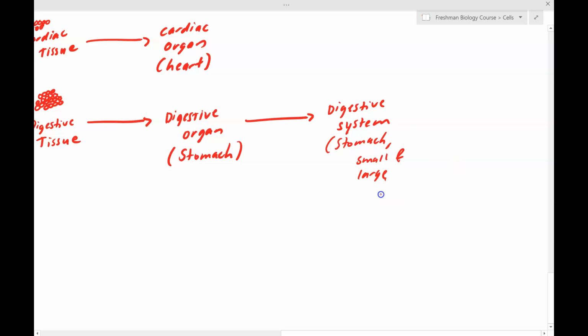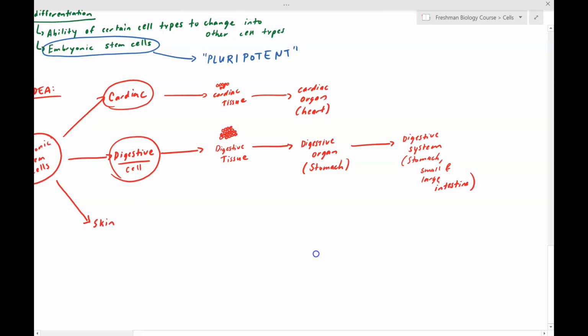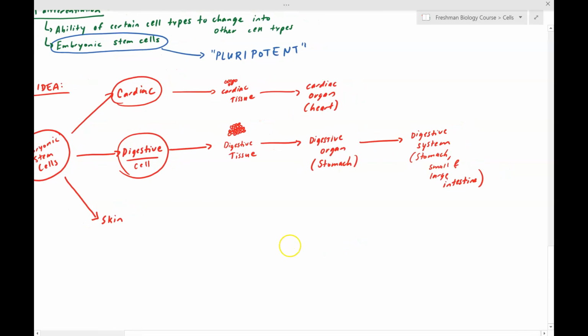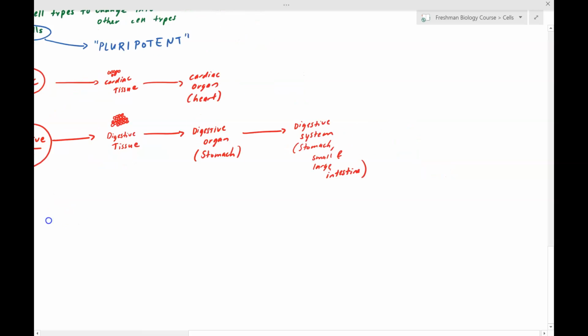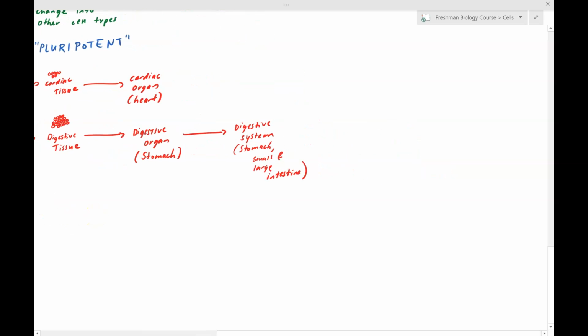So it should make sense when we talk about emergent properties here, how we can go, we're emerging from the digestive cell. We get digestive cells together, it's going to make digestive tissue, digestive organ, which would be the stomach, and then the digestive system. And then from there, like up here, we would have the heart and the blood vessels.